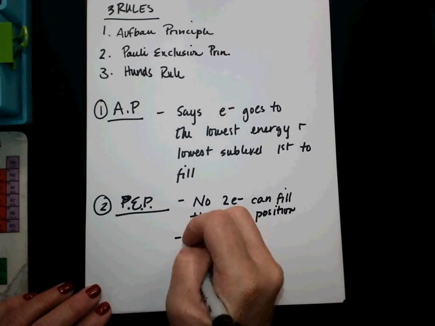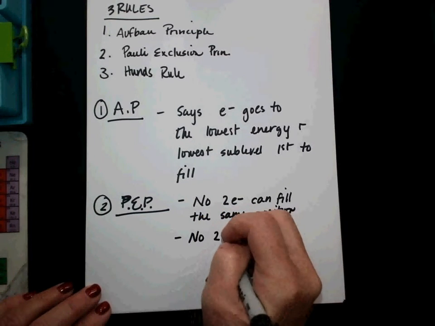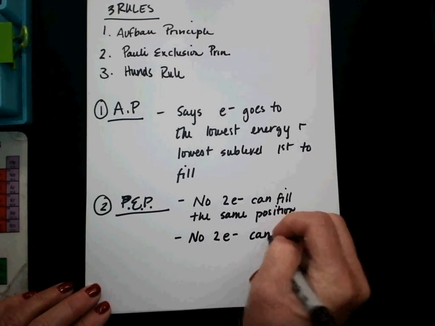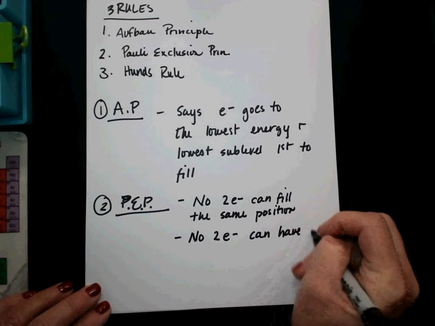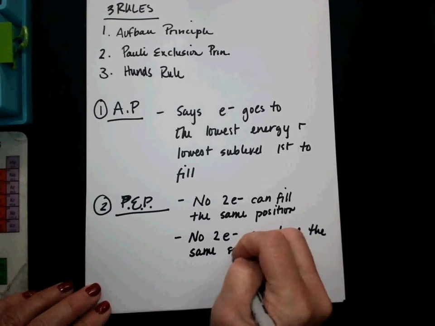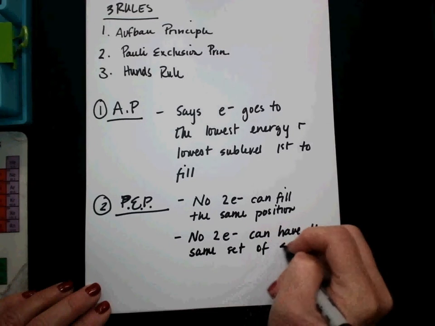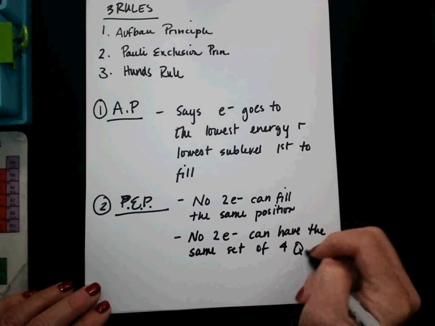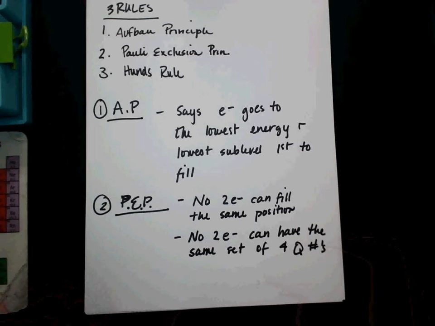Or the other way you'll see it, no 2 electrons can have the same set of 4 quantum numbers. That's the simplified version.